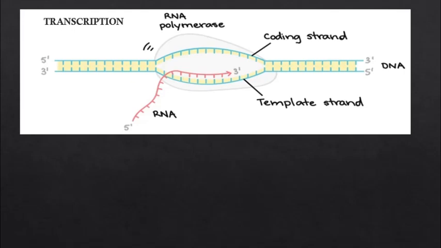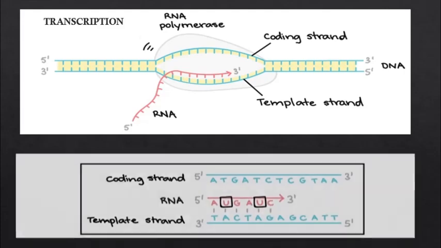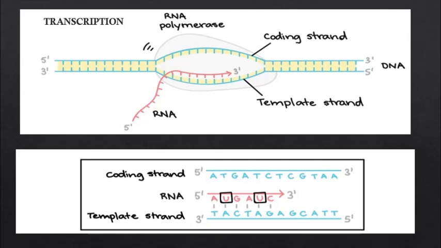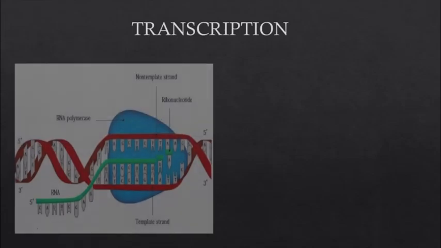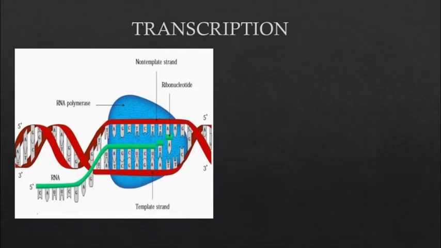One strand will be the template strand, which will be used to generate the mRNA, and the other will be the non-template strand or the coding strand. Now the RNA polymerase moves along the template strand and starts to read and to produce mRNA.